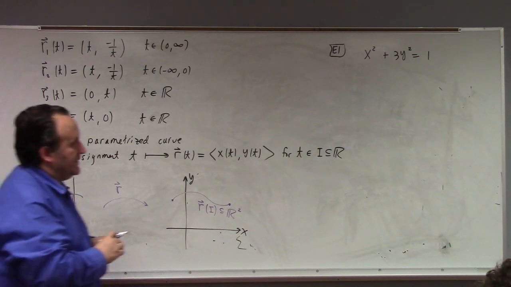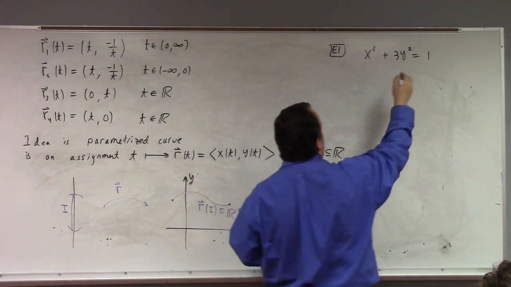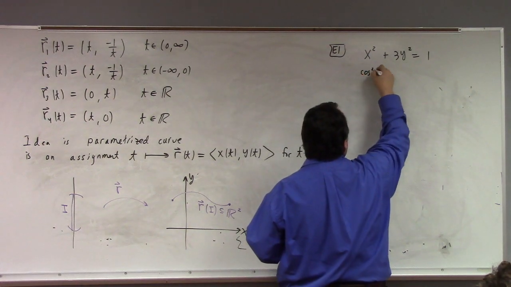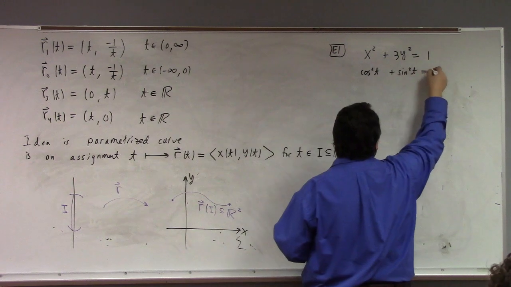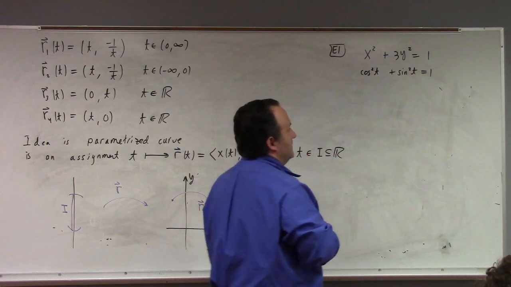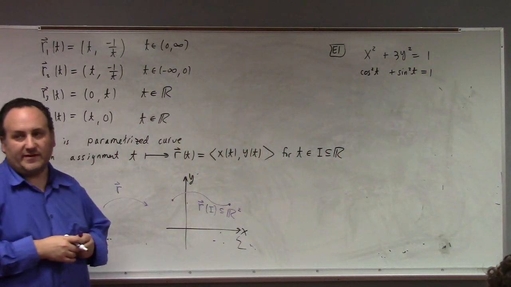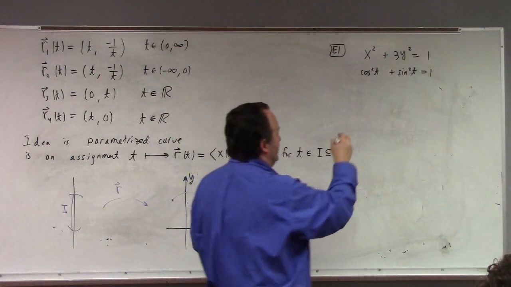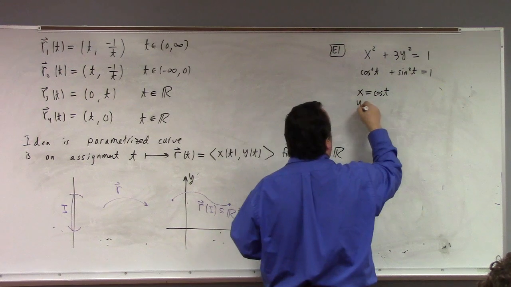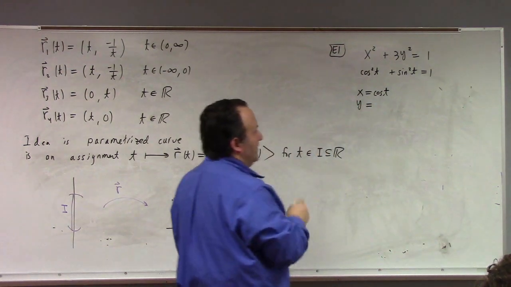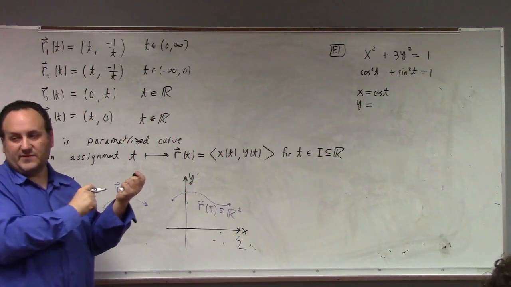Well, what I do with something like this is I think, cosine squared t plus sine squared t is equal to 1. So it's kind of like that, right? But it's not quite that pattern. So maybe I can put x equals cosine t. That should work, right? And what should I do to y? Because I want 3y squared to be sine squared, right?